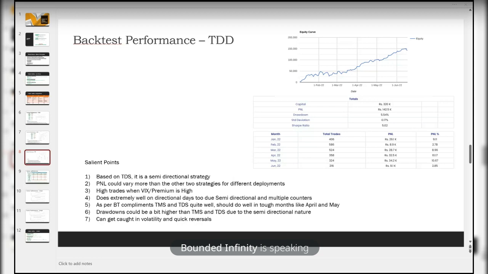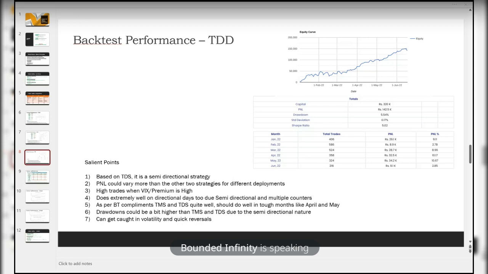TMS and TDD is a much better combo. And if someone says, I don't mind the number of trades, I just want a consistent P&L and lower drawdown, then TMS plus TDIS is a better solution for them.